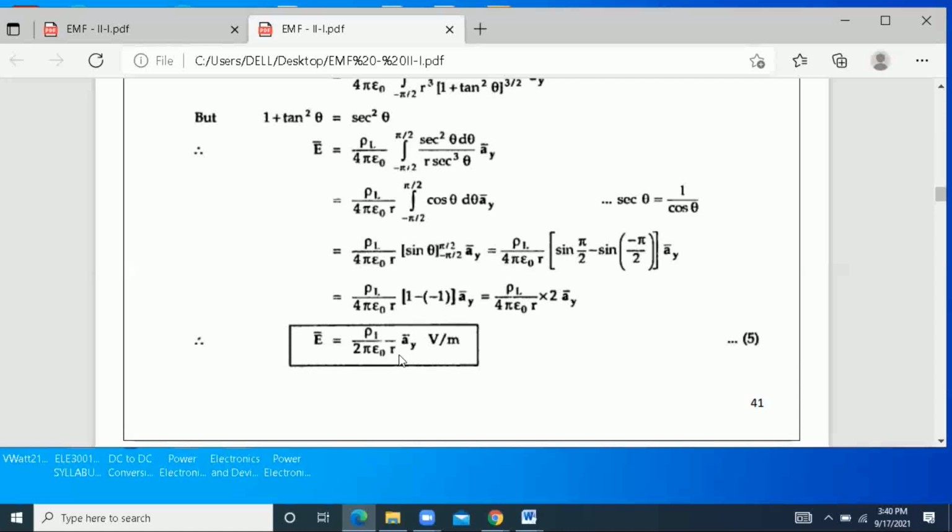Is it an ideal situation? Exactly, it's the ideal situation. You wouldn't have an infinite line charge, but you have to have this theoretical understanding.